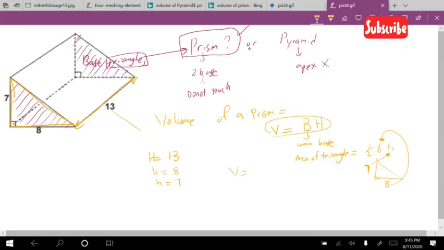We know V equals B times H, and the formula for the area of a triangle is half b h. So let's substitute our values.